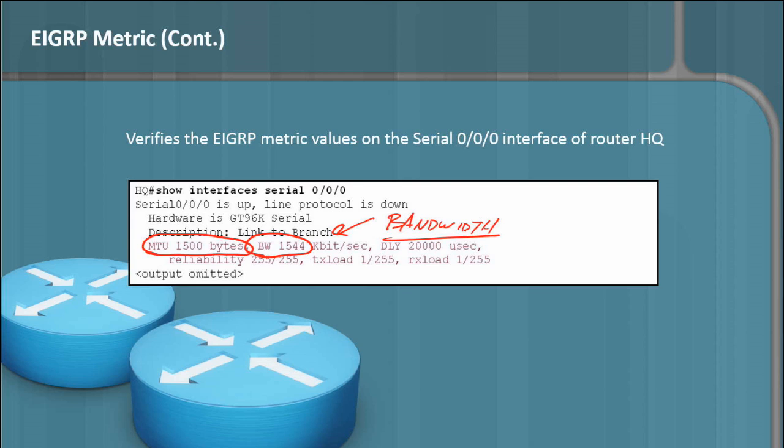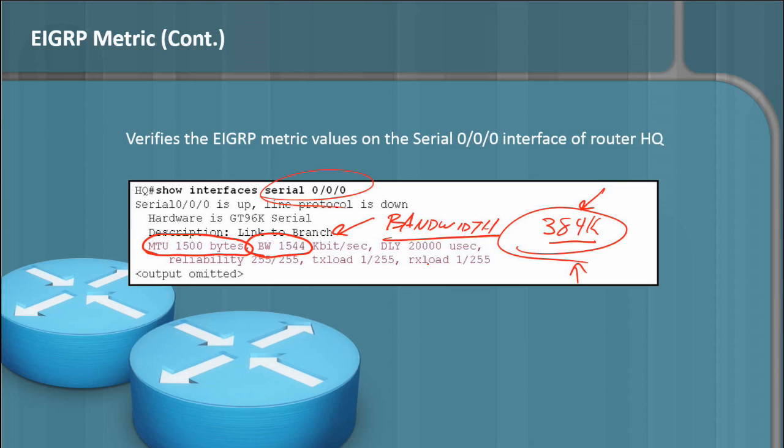You can set it by hand. Like on a serial interface, it assumes it's 1.544 megabits per second. If it's a fractional T1, I might drop the bandwidth down and say 384K. This doesn't rate limit the interface. It just tells the routing protocol what the bandwidth is on the link. And this is what OSPF or EIGRP would look at when determining what the best path is.